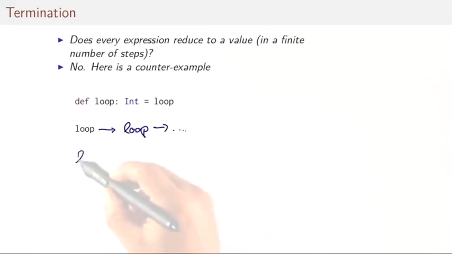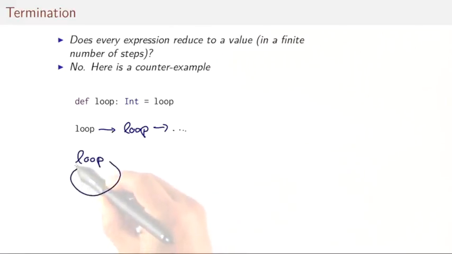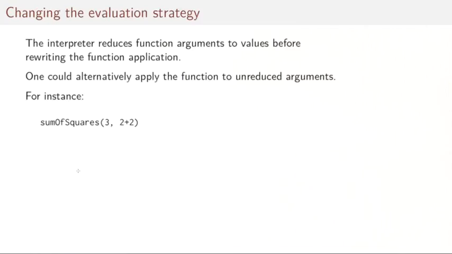Another way to visualize this reduction sequence is by starting with loop and then reducing to the same term again. We've seen that the Scala interpreter reduces function arguments to values before rewriting the function application. That's not the only possible reduction strategy. Alternatively, one could apply the function to unreduced arguments. For instance, we could start with sumOfSquares(3, 2 + 2), and then go on as follows.